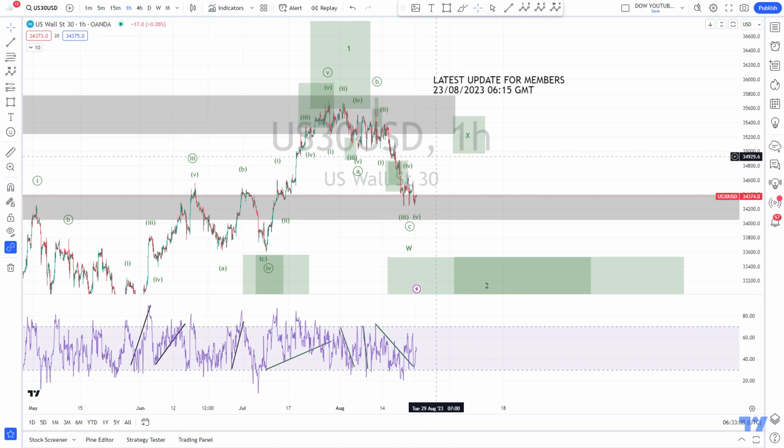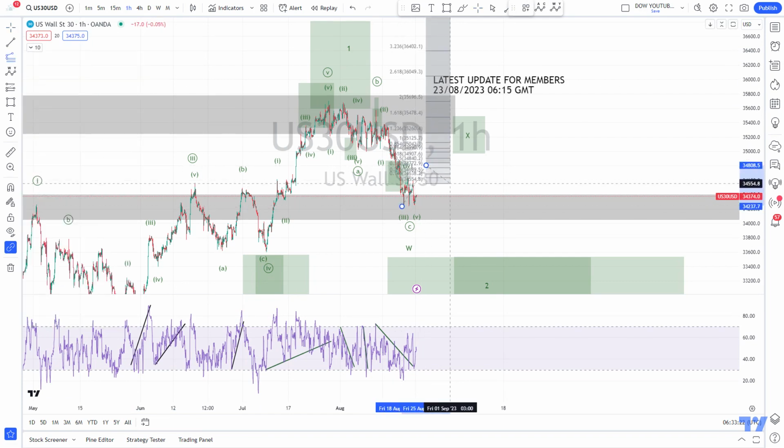Also here we should get a corrective structure that gives us more information about where to enter. If we get an ABC here, you define a second area as an ABC, wave A, wave B, and then we know between the 1 and the 1.618 fib extension is where our wave C should end.